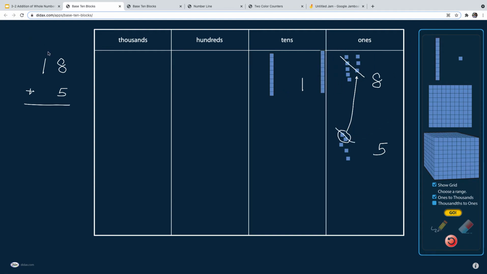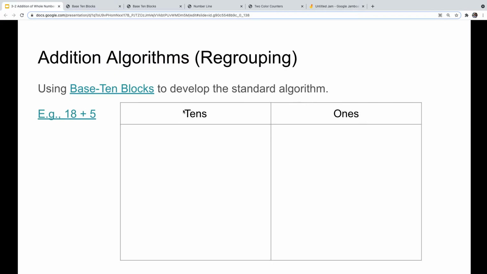So what I'm going to have is one more 10 rod, and how many is left? There are 3 left. Now how many 10s do I have? 1 10, 2 10s. So 2 10s, that makes 23. Okay, so you can use the columns.